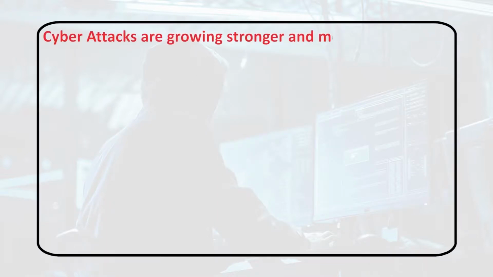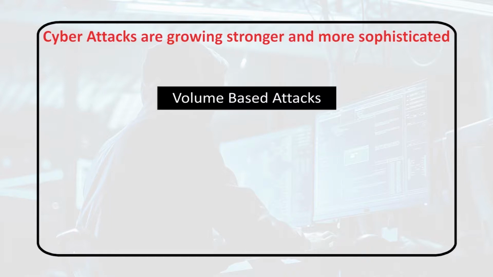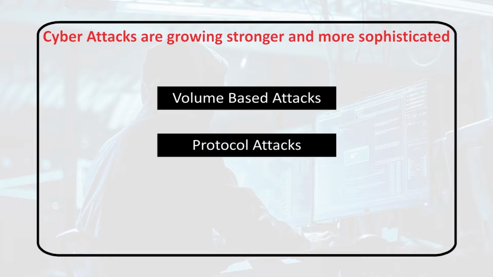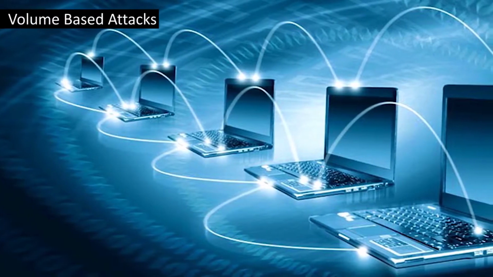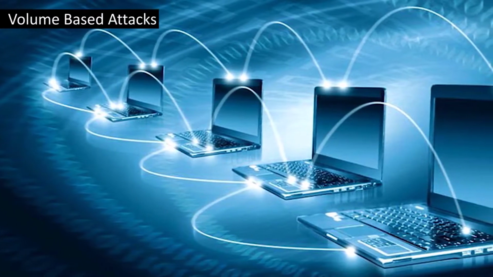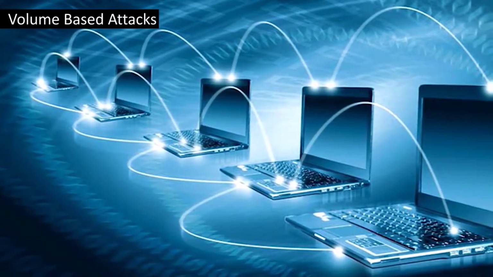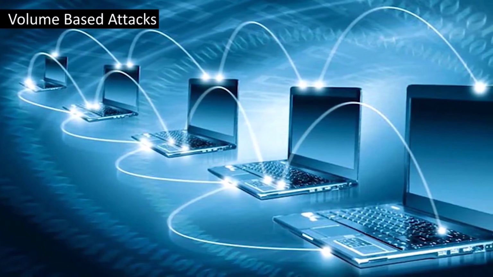Cyber attacks are growing stronger and more sophisticated. Below are the 3 basic categories of attacks. Number 1, volume-based attacks. Number 2, protocol-based attacks. Number 3, application-based attacks. First, volume-based attacks use high traffic to flood the network bandwidth.